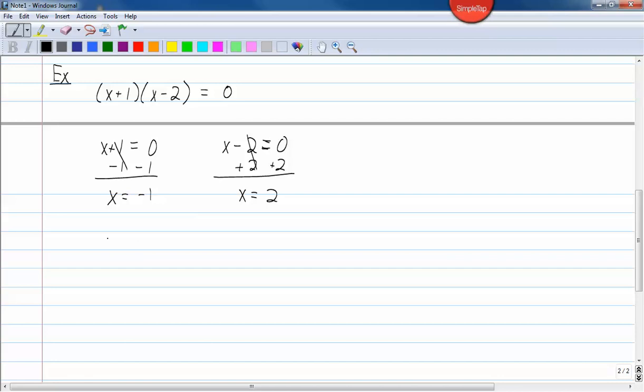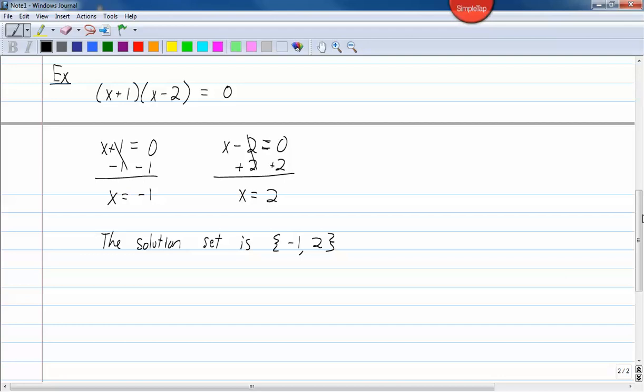So the solution set is -1, 2. These are the two numbers that will make this quadratic equation equal to 0. So if you multiply this back out by foiling, and you plug in a -1 or you plug in a 2, your equation will be equal to 0.